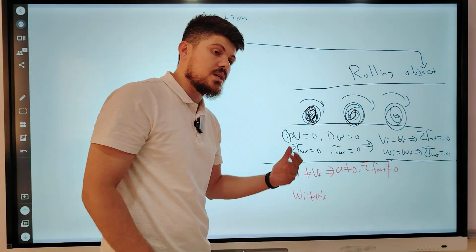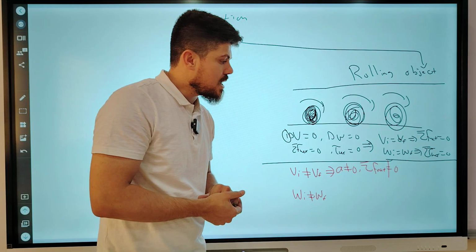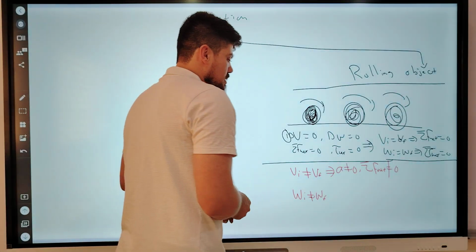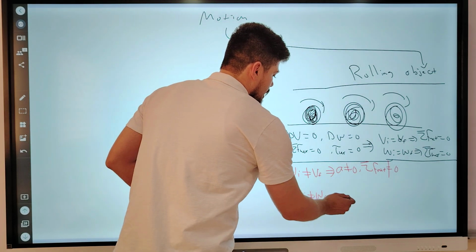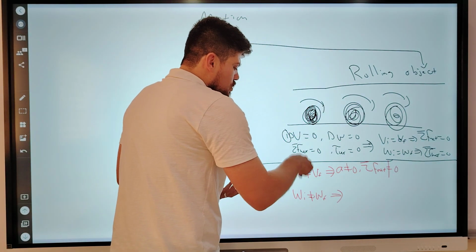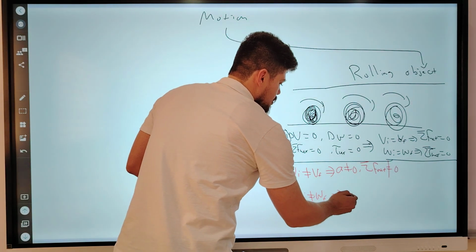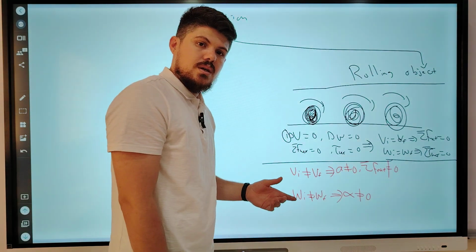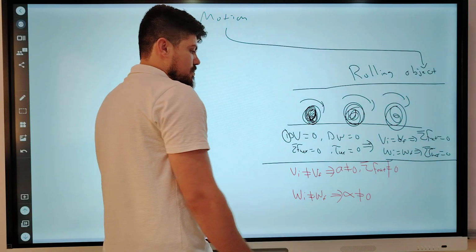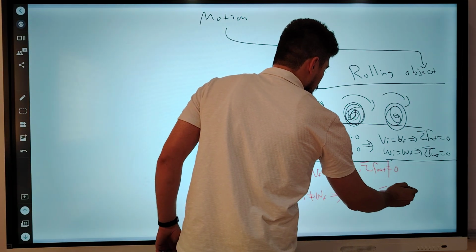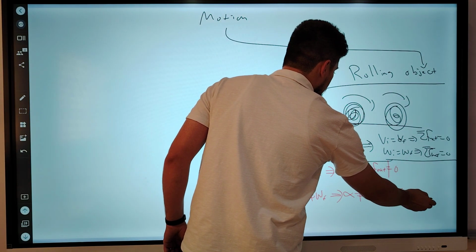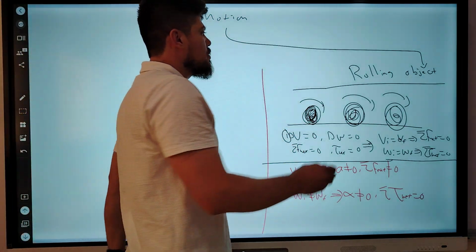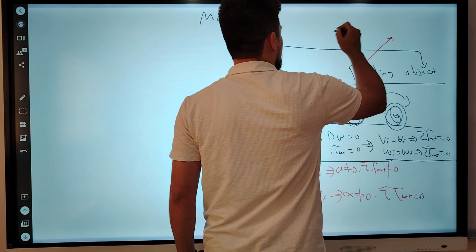When V initial is not equal to V final, the velocity changes, and also the angular speed changes. So alpha is not equal to 0 because there is a change in angular speed, and net torque is not equal to 0. This object has both translational and rotational motion.